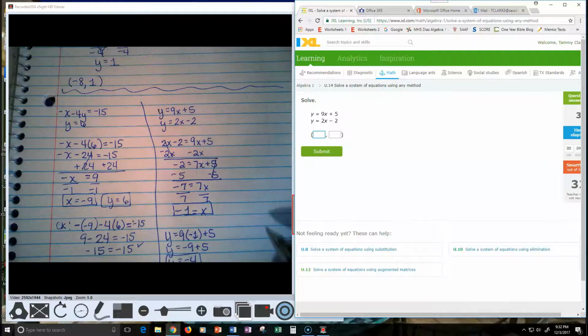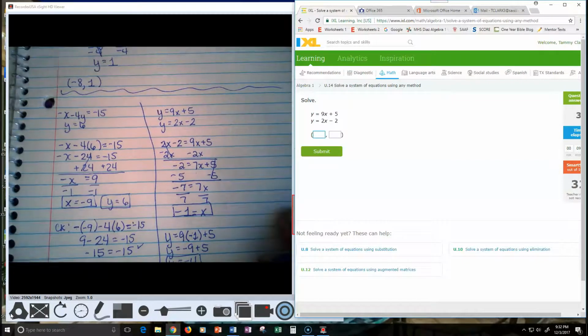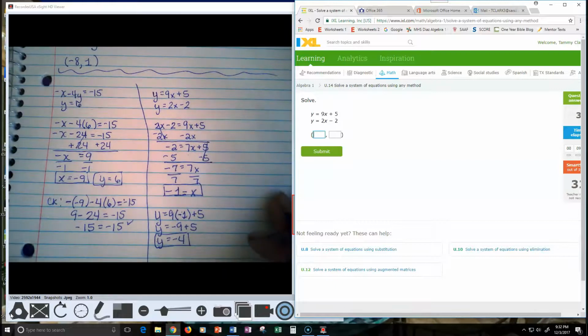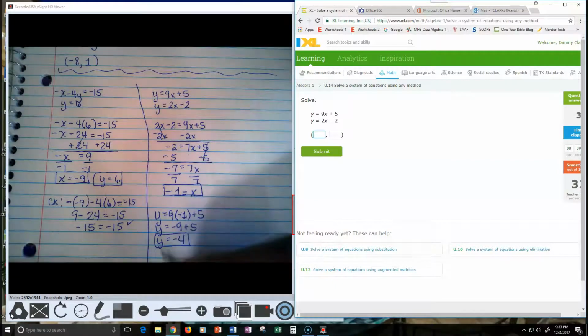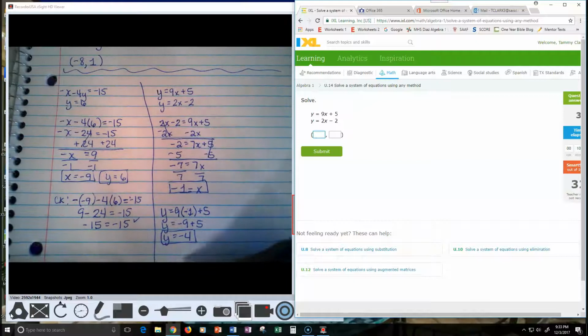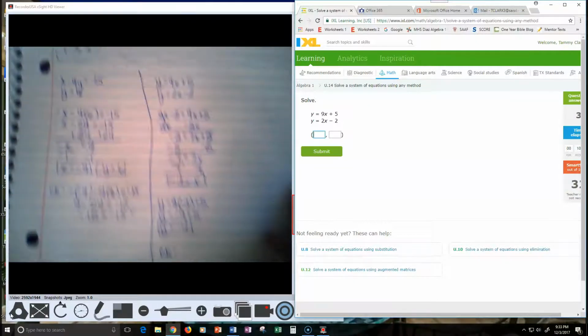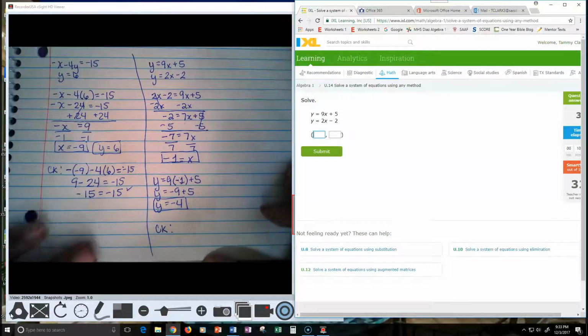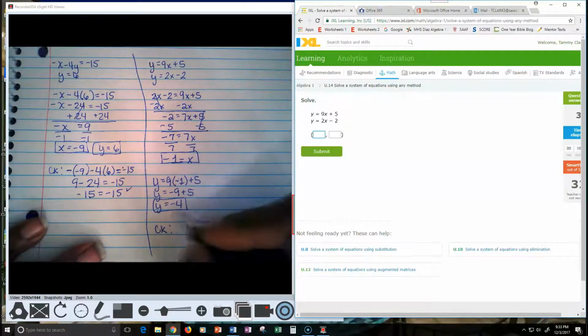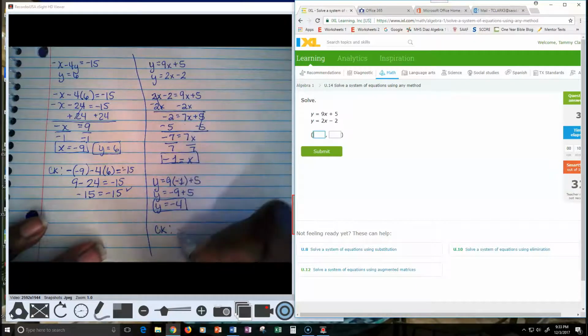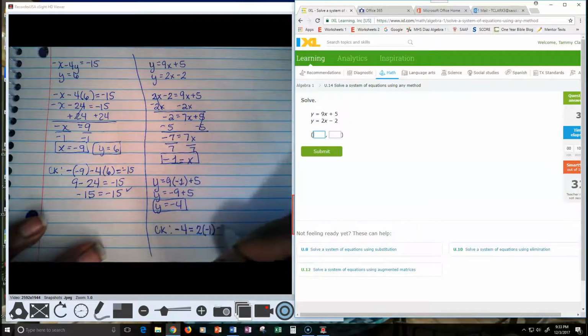I'm hoping that my math is right, but I have a chance to check it. So let's go ahead and do that. I'm going to check it down here. I'm going to check it using the second equation, substituting the values that I have for x and y. So I said y is negative 4 is equal to 2 multiplied by negative 1 minus 2.